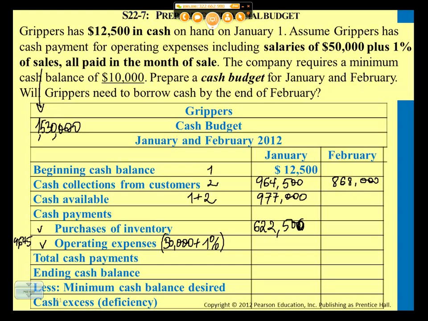Okay, so what was the total? So now what we're going to do, we'll take that 1% of sales and add it to the 50,000, right? So what would be the total of operating expenses? 65,300. Okay, so what can I do right now?